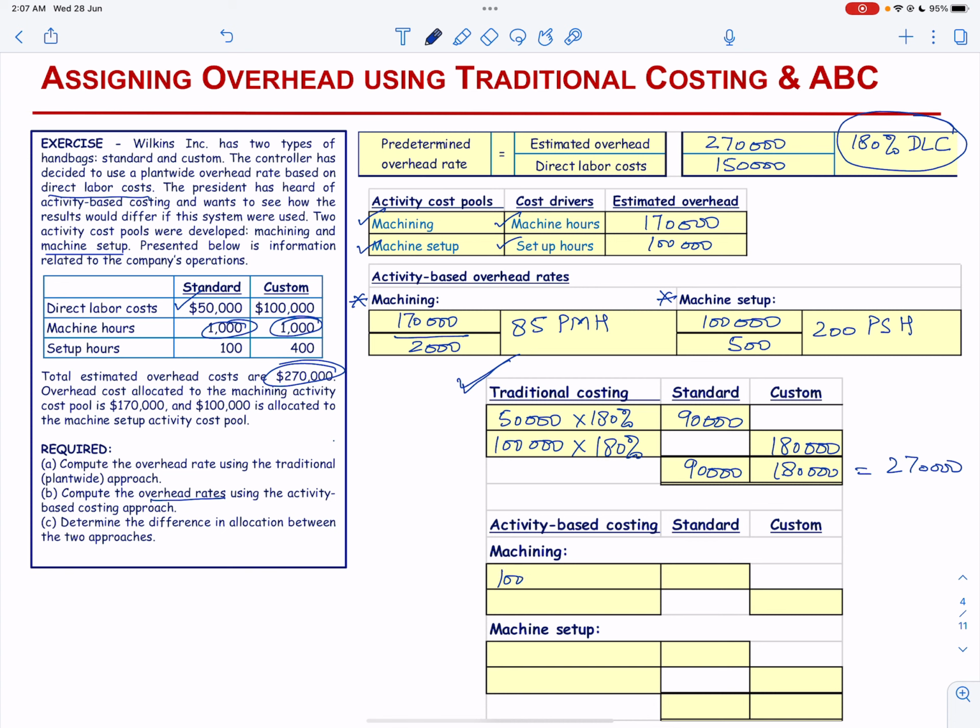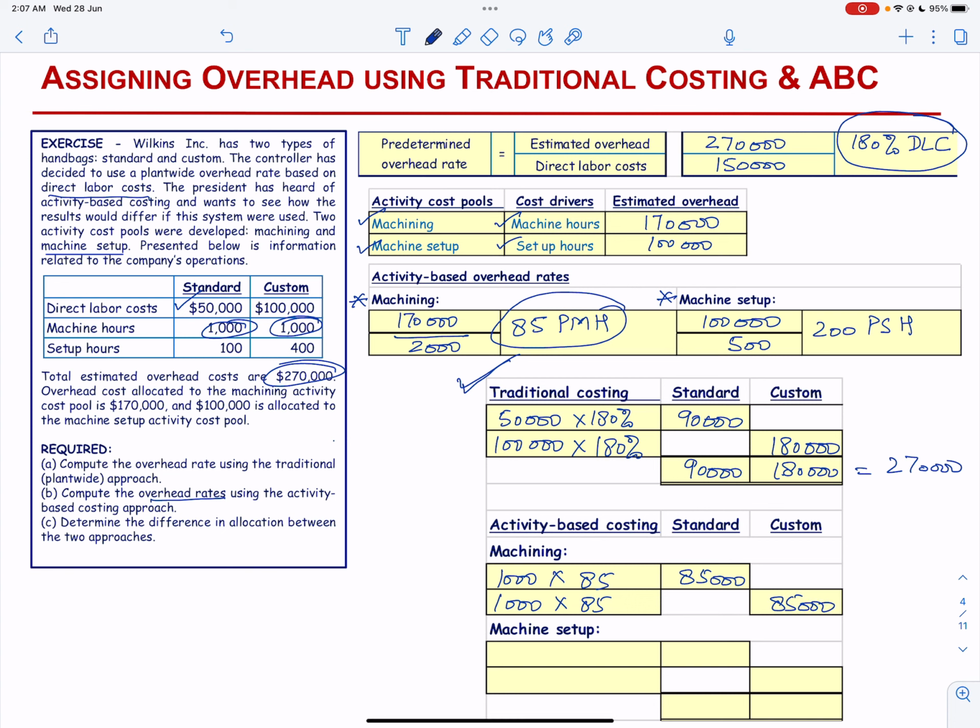So we have 1,000 in either case, and the rate we have already calculated as 85 per machine hour. So times 85 and 85, this is for the standard and custom, that will be equal to 85,000 for machining for standard and 85,000 for custom.